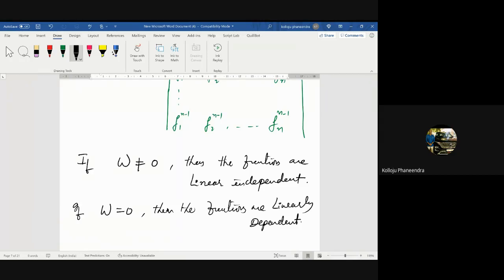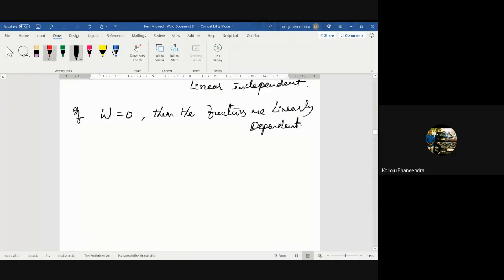For example, our previous problem. What is that? f1(x) equals x square minus 1, f2(x) equals 3x square, and f3(x) equals 2 minus 5x square.